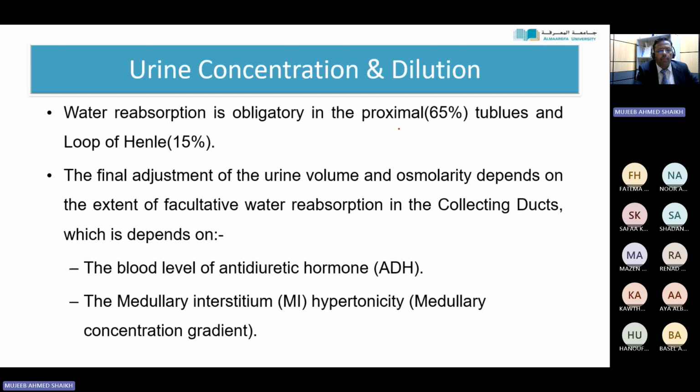If you remember, the parts of the nephron are Bowman's capsule, then proximal convoluted tubule, loop of Henle, distal convoluted tubule, and the collecting tubule and collecting duct. In the proximal convoluted tubule, 65% of the water is reabsorbed, whereas 15% of the water is reabsorbed in the loop of Henle.